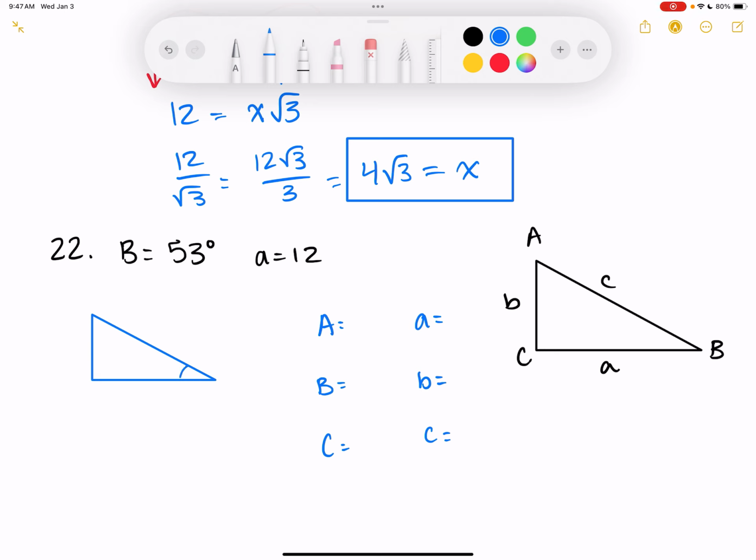So angle B is over here, that's 53 degrees. Side A is 12. So side A is this one. Now, I know it's a right triangle, so I know that angle C is 90 degrees. So, how would I possibly go about finding that other angle?